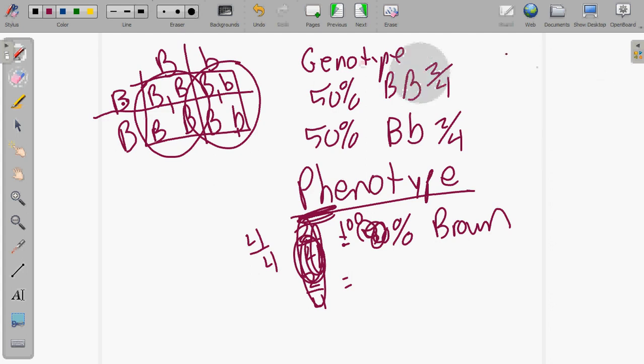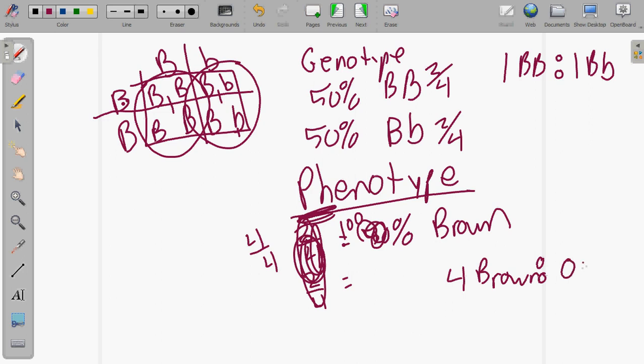You have 1 homozygous dominant for every 1 heterozygous. All right, so that's a 1 to 1 ratio. Down here, you have a 4 brown hair to 0 blonde hair people.